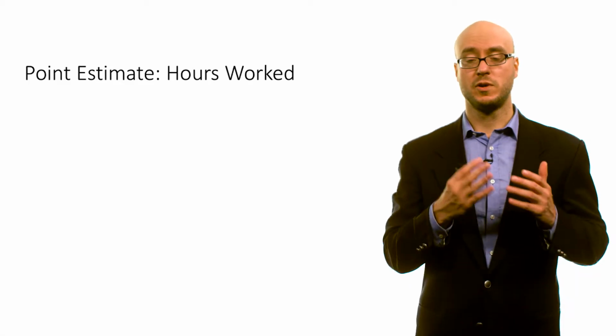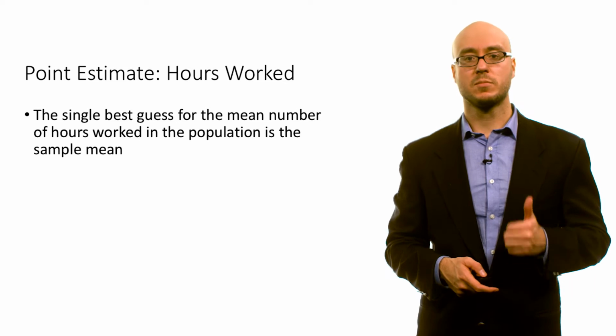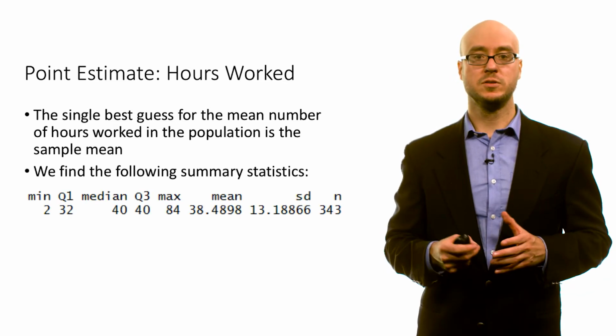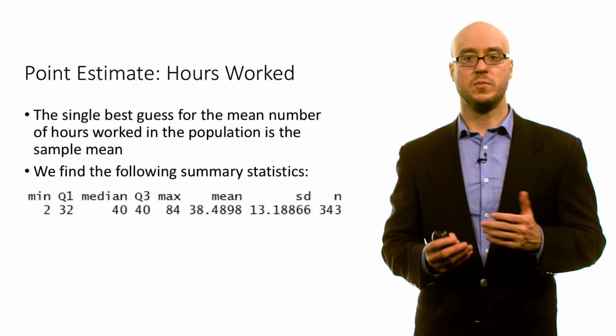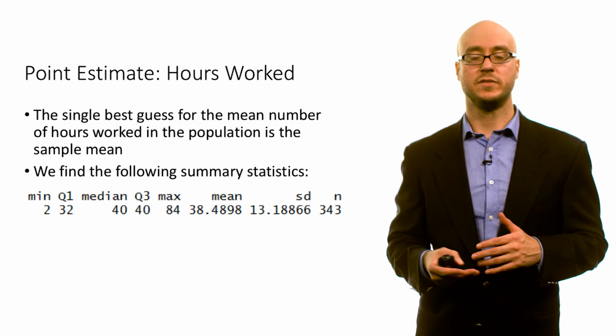And what we're interested in is we want to make some inference. We want to really examine what is going on in the population, because we have a point estimate for the hours worked. The single best guess for the mean number of hours worked in the population is going to be the sample mean. So we can use statistical software and calculate various summary statistics: a mean, a maximum, a median, standard deviation.